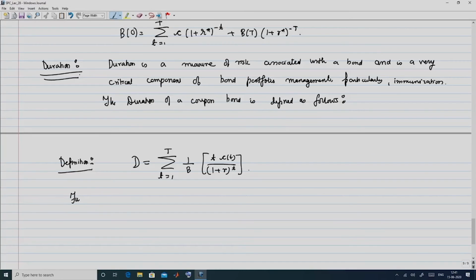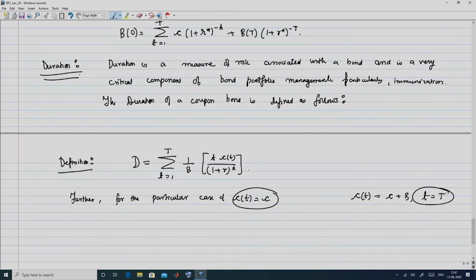So, again we note this in the particular case. Let us see what the duration turns out to be in the particular case of C of t equal to C. And here I must just clarify one thing, that C of t is actually going to be C plus B for t equal to capital T, just to remove any ambiguity as far as this notation is concerned.